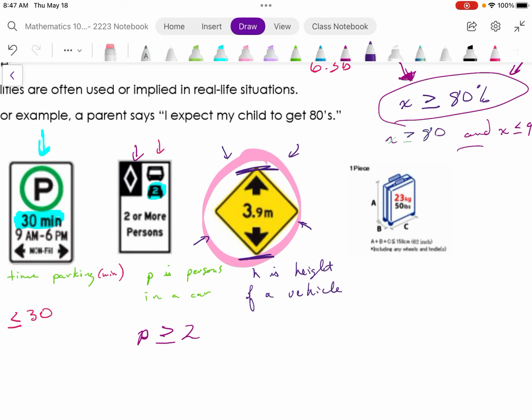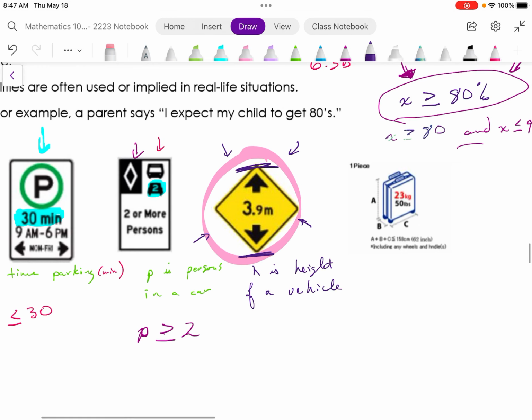From bottom to top, it has to be 3.9 meters. So if H is height, I believe what we're trying to say is that the height of your vehicle has to be less than 3.9 meters.